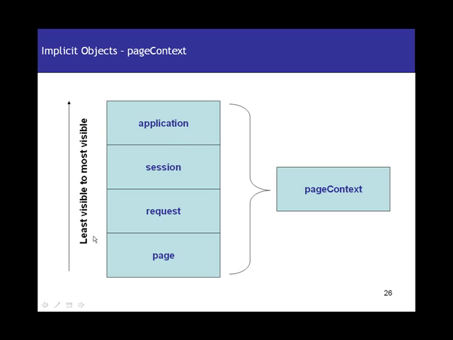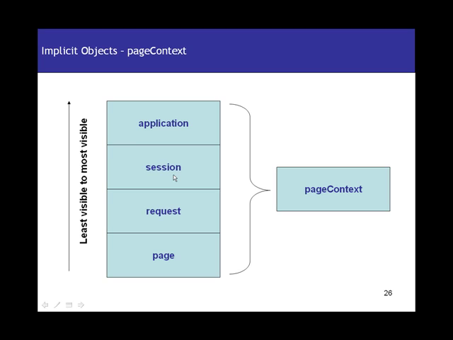So here, from bottom to top, I'm going from least visible to most visible objects, right? Least visible in terms of scope, most visible in terms of scope. So let's say that in my servlet I store a value in the request object, but in the JSP I'm trying to retrieve that same attribute value from the session. Will I get that value if I set it at request and try to retrieve it at session level in my JSP?